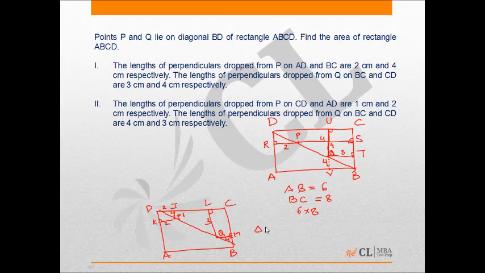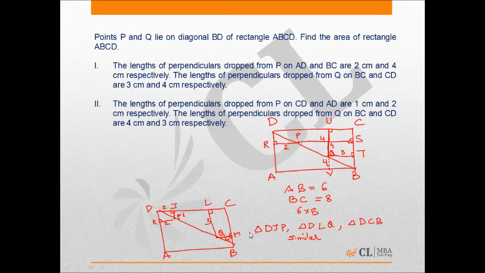Now what we'll do is, if I look at the 3 triangles DJP, triangle DLQ, triangle DCB, they all are similar.